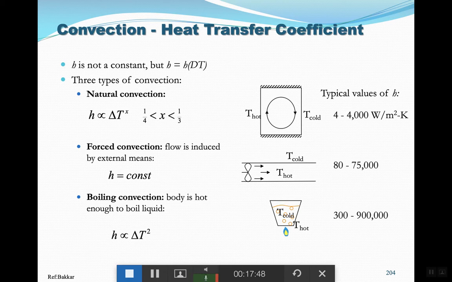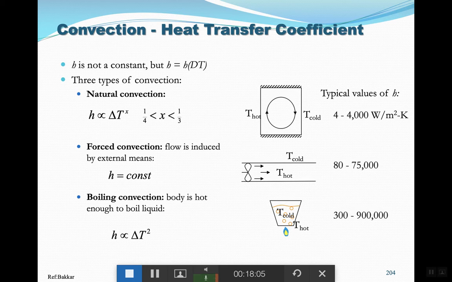The last one is boiling convection, and in boiling convection, H is proportional to delta T to the power of 2, and the number could range anywhere from 300 to 900,000.